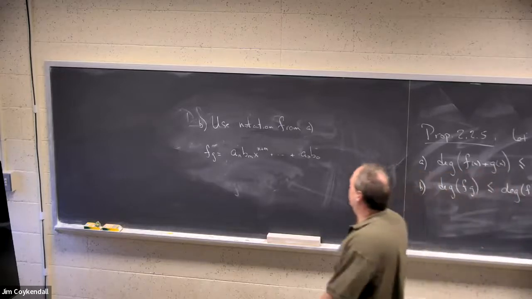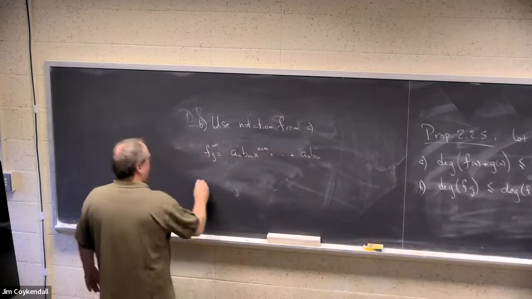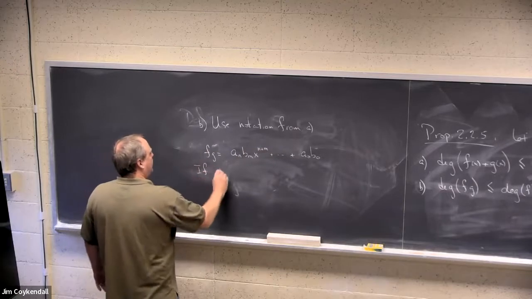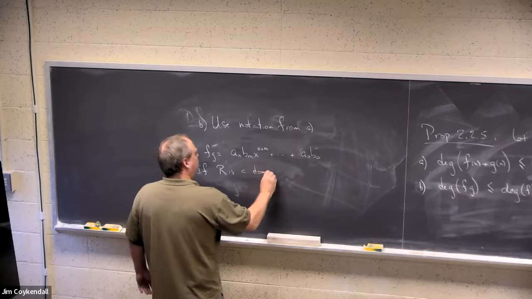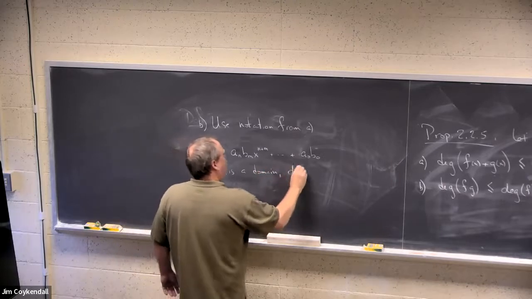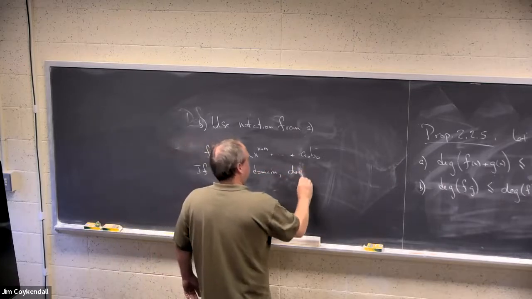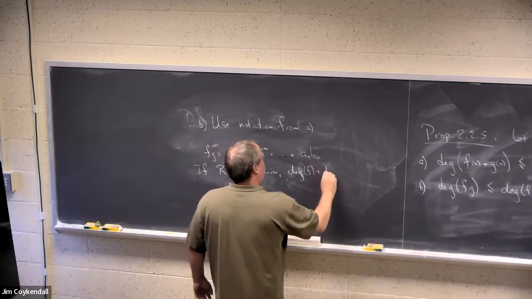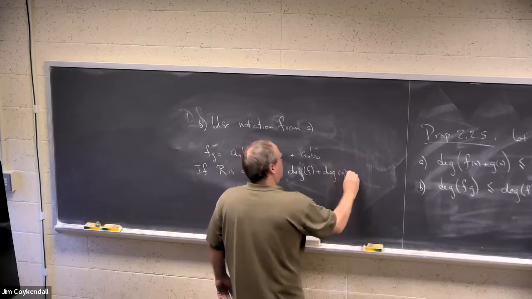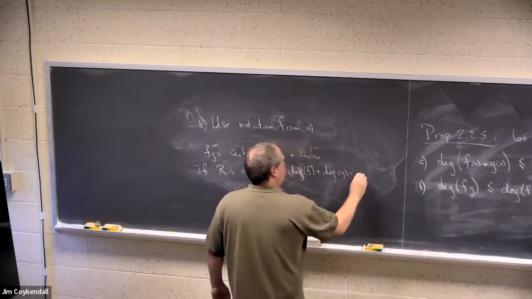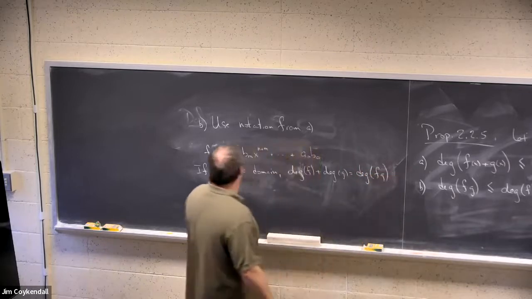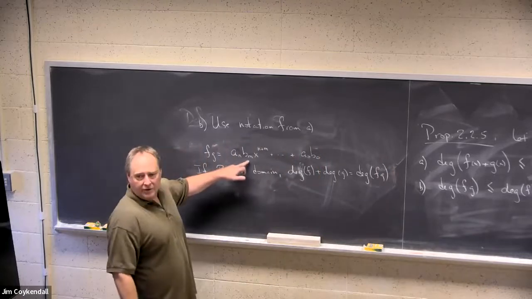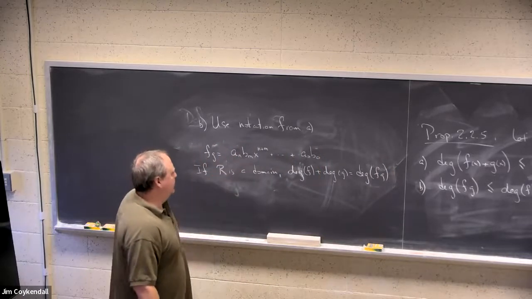Note, if R is a domain, degree f plus degree g equals degree fg, because if a_n and b_m are non-zero, then there's no way that product is going to be 0.